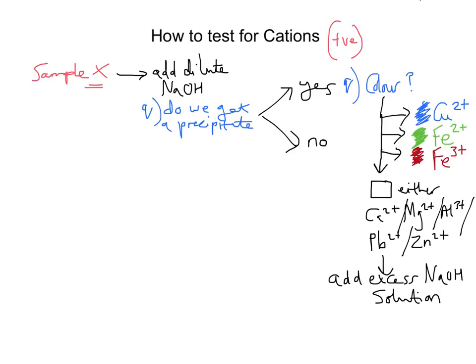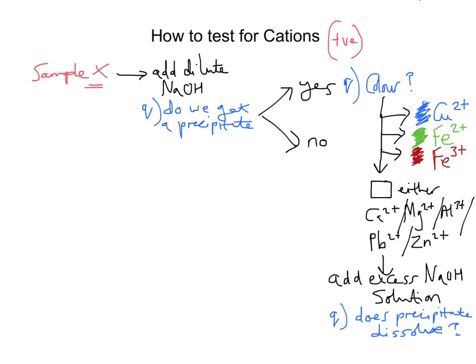And then the question we have to ask ourselves is, does the precipitate dissolve? And the answer to this will then reveal which one of those ions we're essentially looking for.